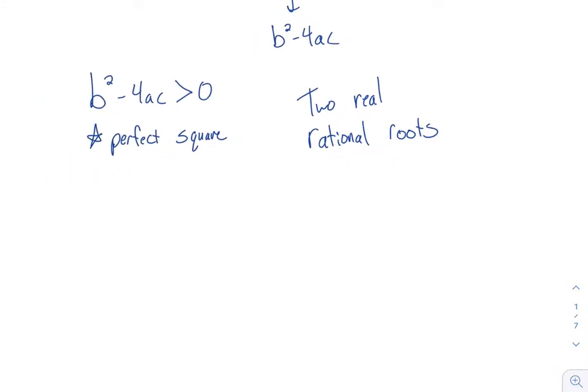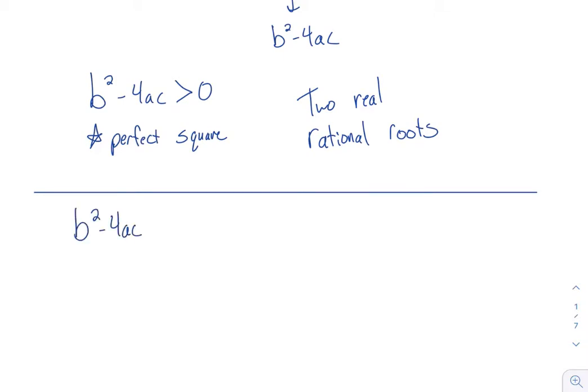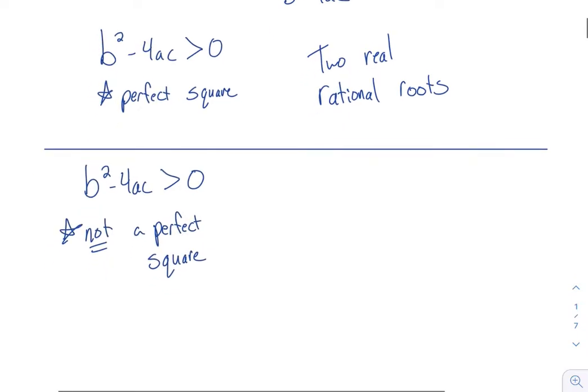And this is going to be different than the next scenario, which is when it's greater than 0, but not a perfect square. So b squared minus 4ac is bigger than 0, so it's positive, but it is not a perfect square. The only difference between when it is and is not a perfect square is that it will no longer be rational.